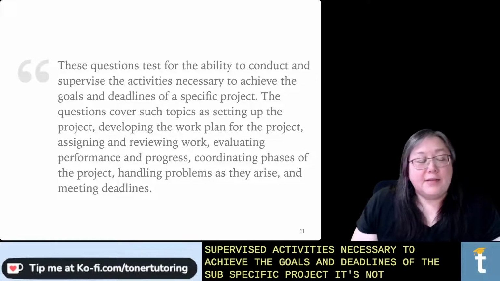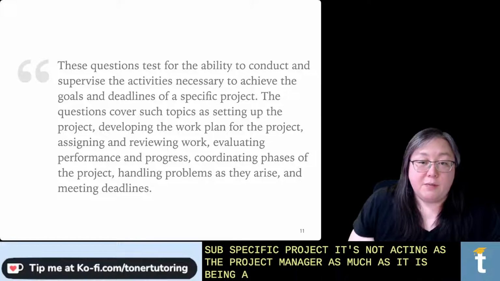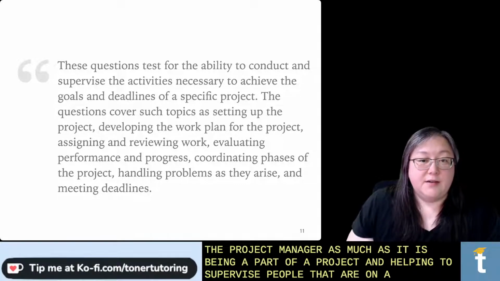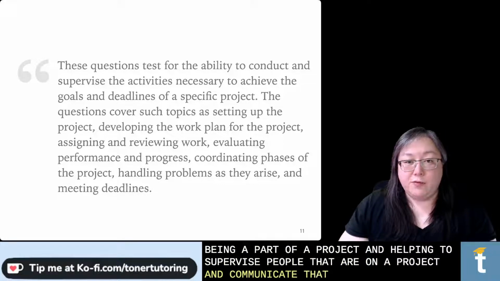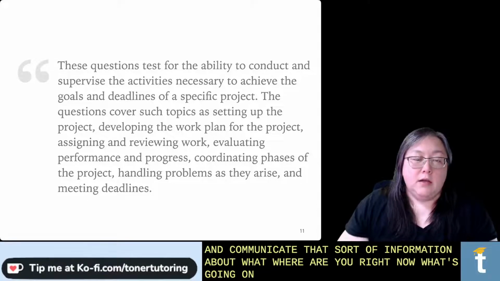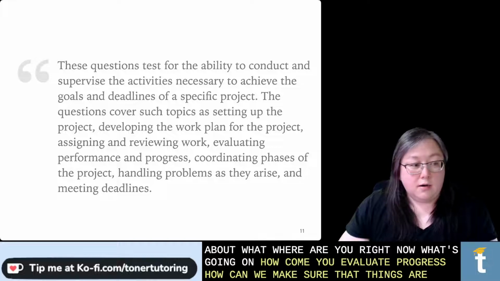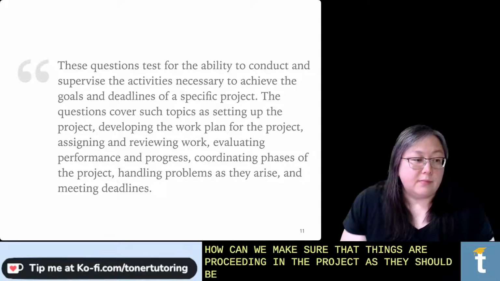It's not acting as the project manager as much as it is being a part of a project and helping to supervise people that are on a project and communicate that sort of information about where are you right now, what's going on, how can we evaluate progress, how can we make sure that things are proceeding in the project as they should be.